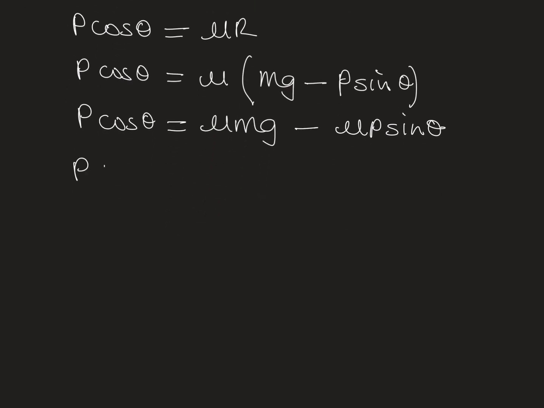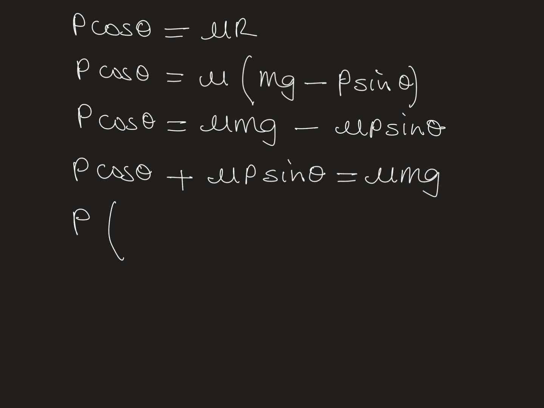So P cos theta plus mu P sine theta is equal to mu mg. If I factorize P out, that will be P into cos theta plus mu sine theta is equal to mu mg.